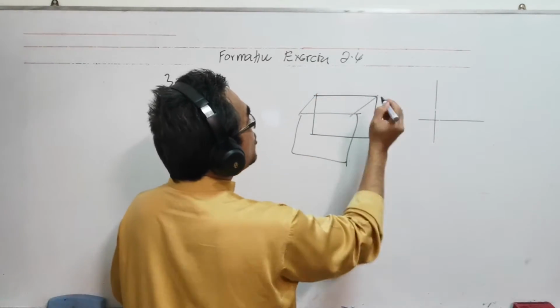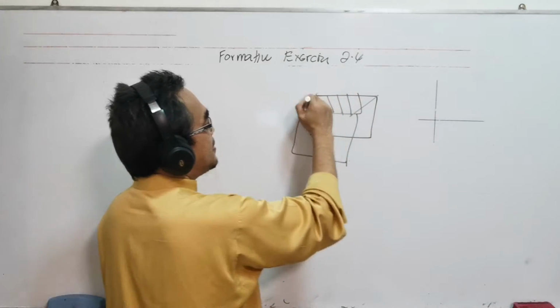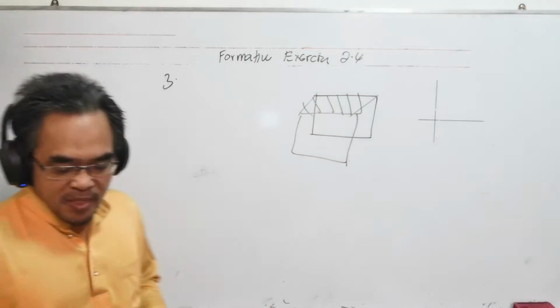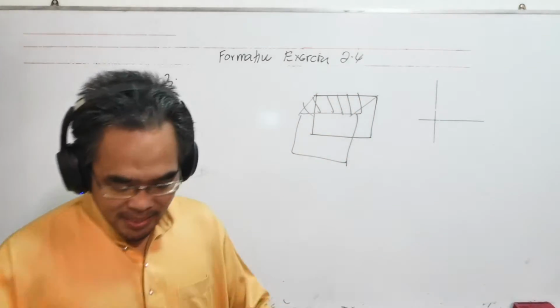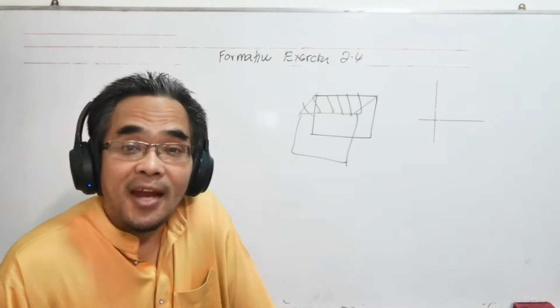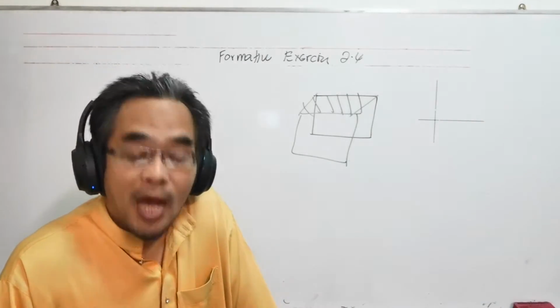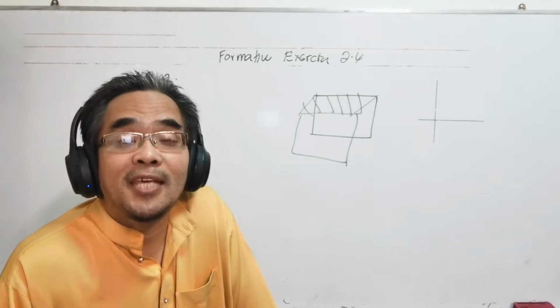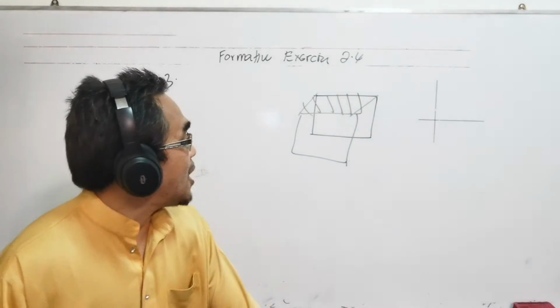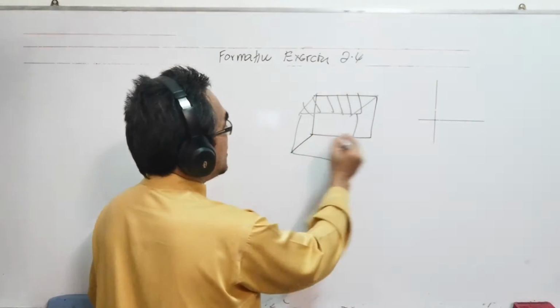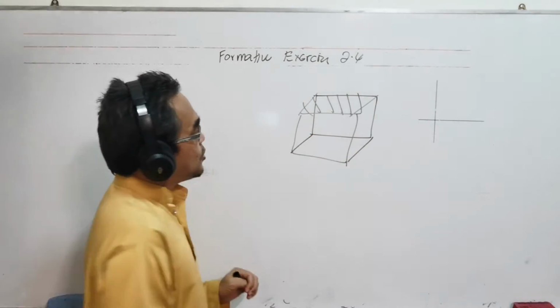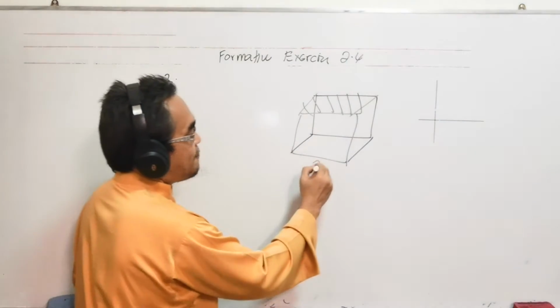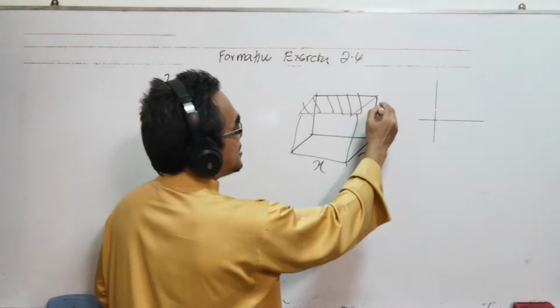Looking at the diagram, it looks like we have to count them, but with the statement that it is an open box, we don't have to count the figure at the top there. So we have only 5 surfaces.